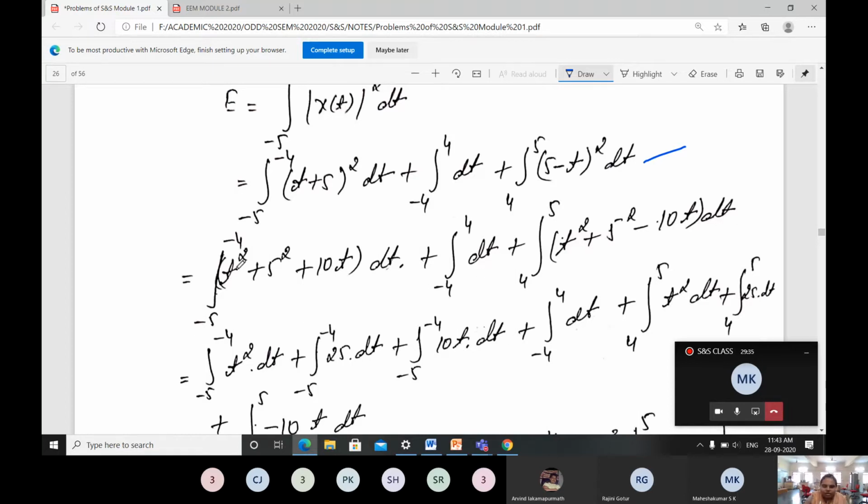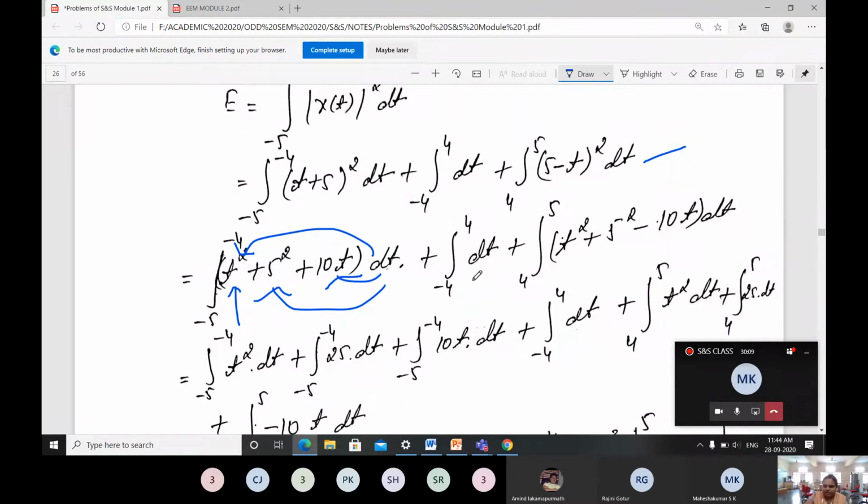Then solve for each parameter. First you go for t square. So take the integration minus 5 to minus 4 of t square into dt, multiplying dt for each parameter here, for this also and also for the 10t. Then applying integration for each parameter: 5 square means 25 into dt, then 10t into dt.